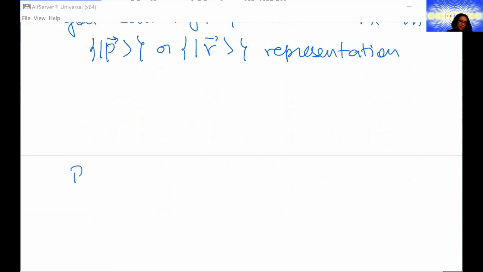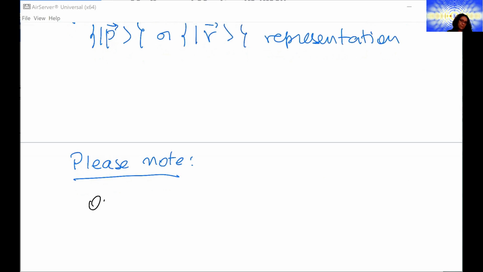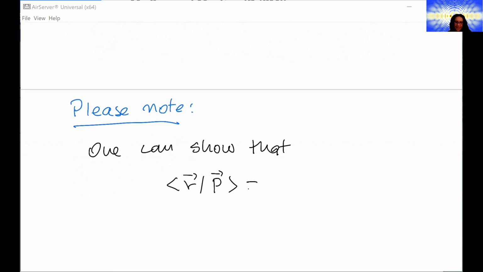So please note that we can also write that ⟨r|p⟩, which means the ket p in the position representation, is given by this.